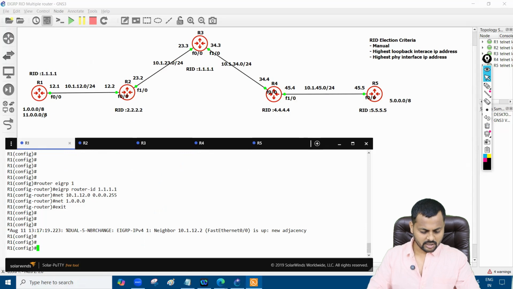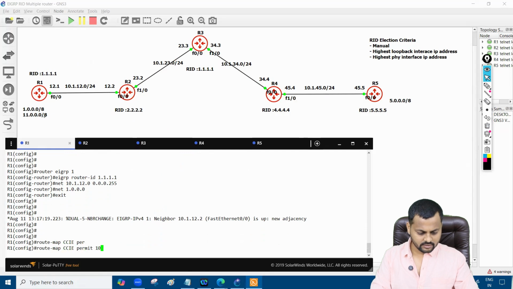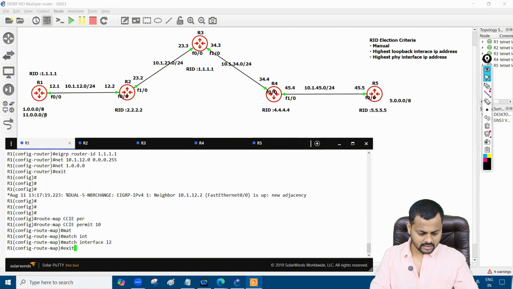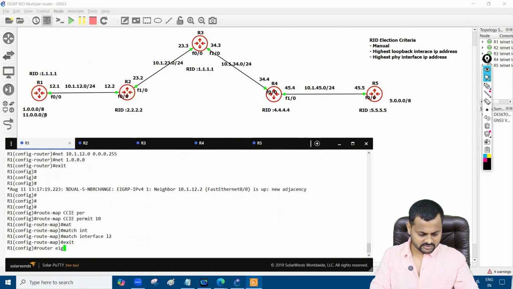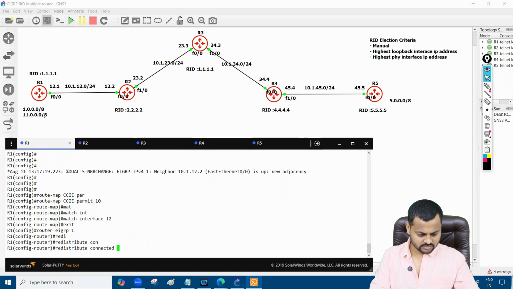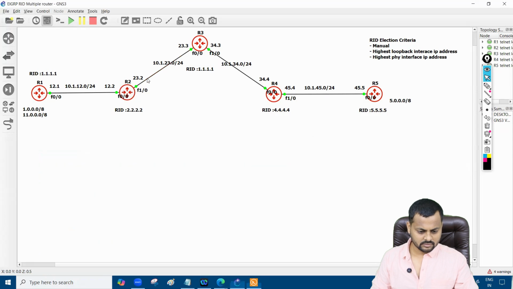So what I can do on router 1, I'll create one route map, CCIE permit 10, match interface loopback number 2, and I'm going to advertise this, connected route-map CCIE. I'm going to capture this as well.